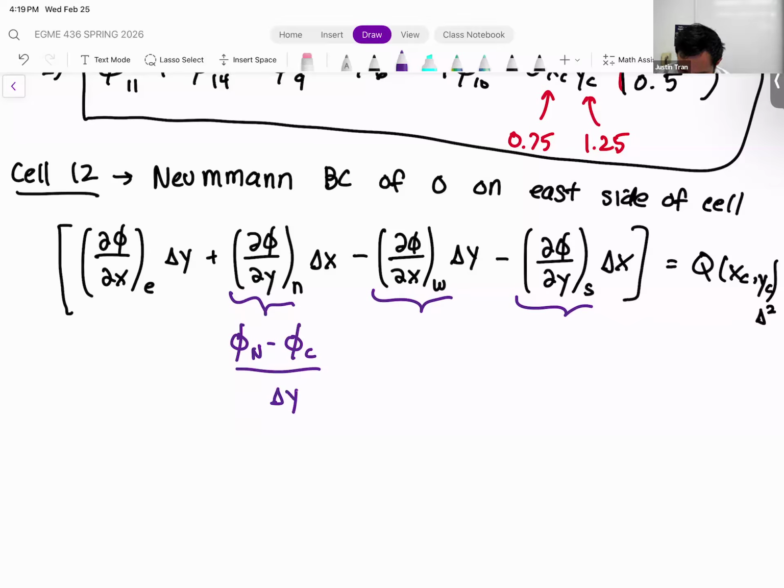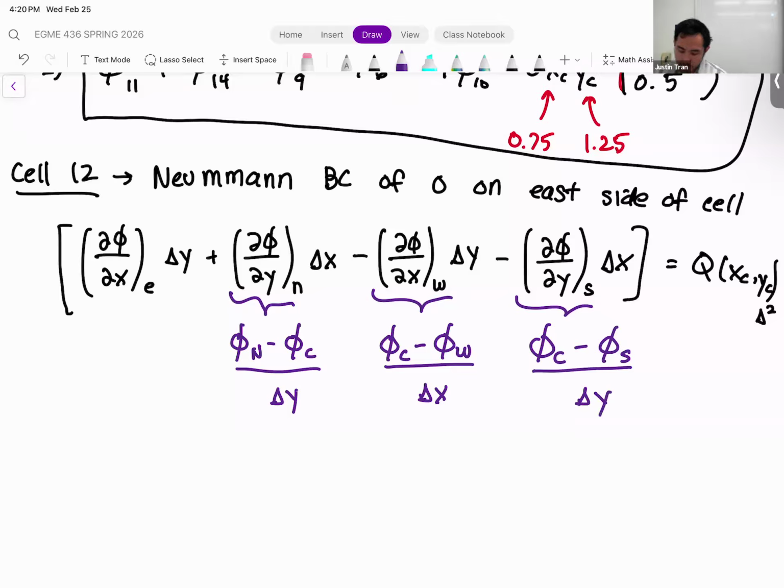For partial phi partial x on the west face, this is phi c minus phi w, all divided by delta x. And for the last one here, we have phi c minus phi sub s, all divided by delta y. So if you have a neighbor, those derivatives we evaluate using this very simple central difference.